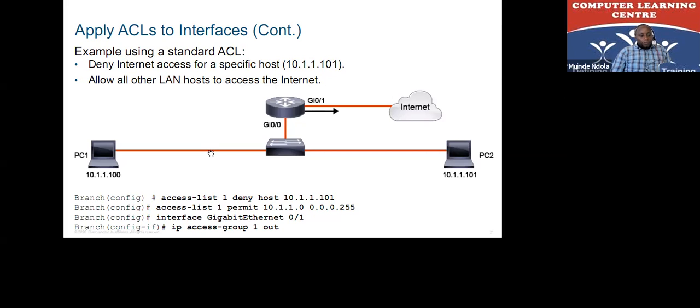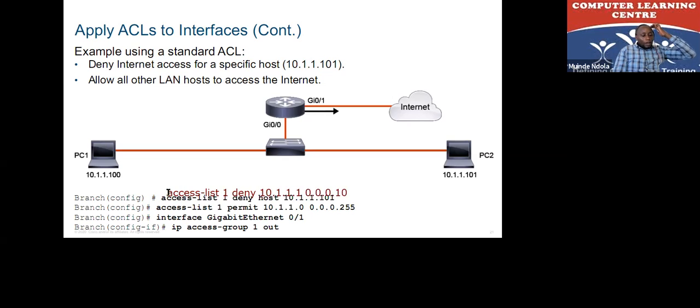For example, if you add the access list, say access-list 1 deny 10.1.1.1 0.0.0.10. So what does it mean?